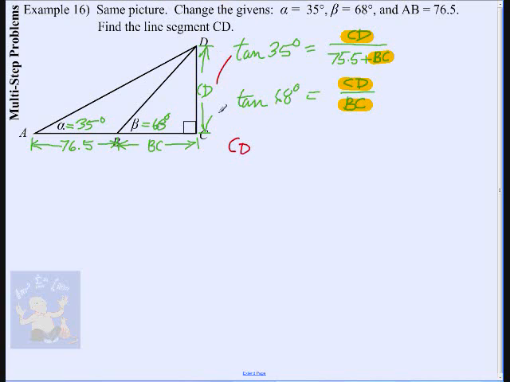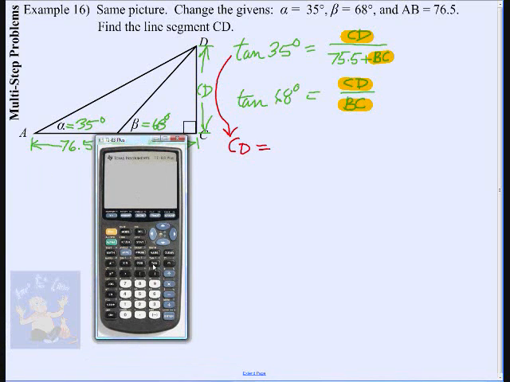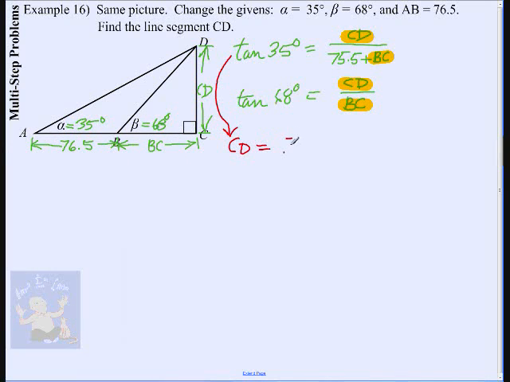For the first one, CD is equal to the tangent of 35 degrees, which is 0.7002, times 75.5 plus BC.